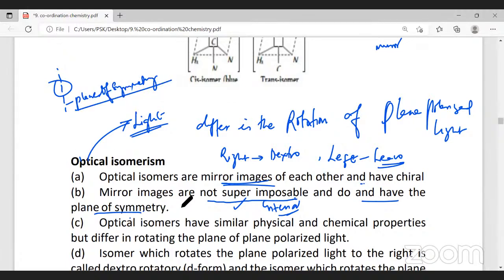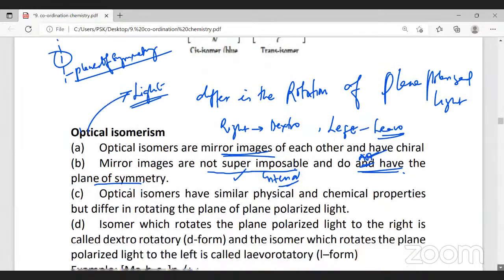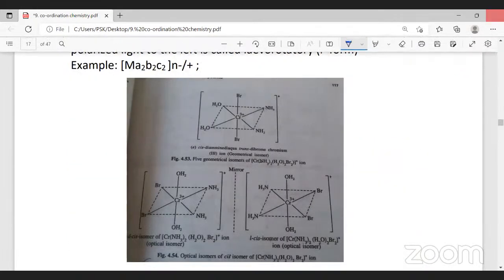So a coordination compound should not have a plane of symmetry. That means the molecule should not be in a position to be divided into two equal halves.